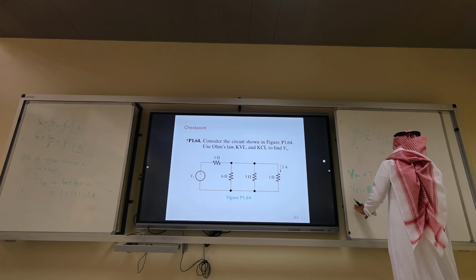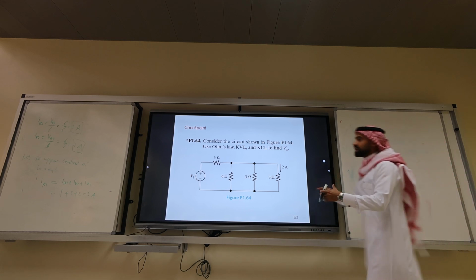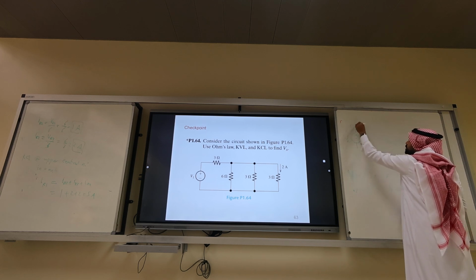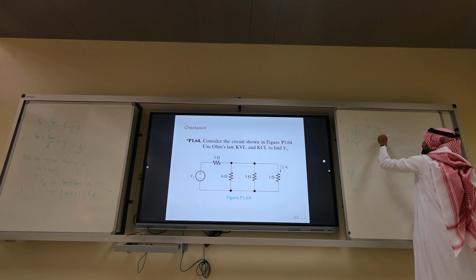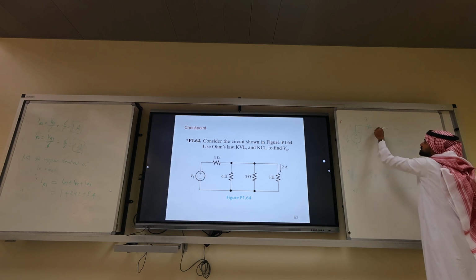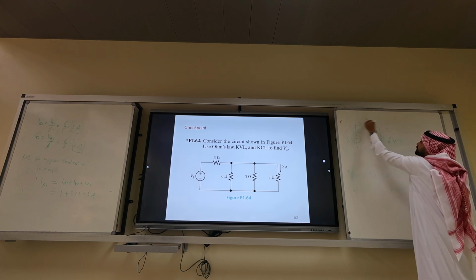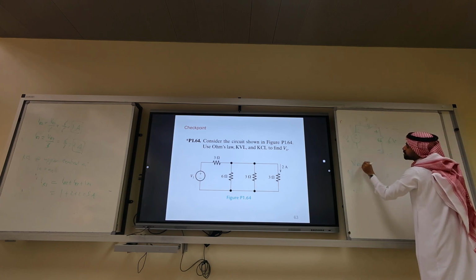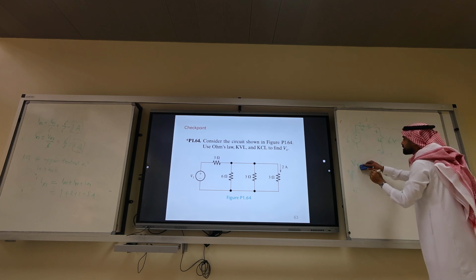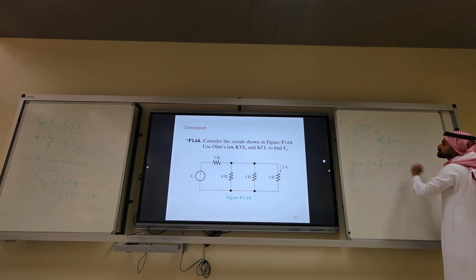Now KVL around the only loop we need, this left loop. So we have Vx, we have the 3, we have the 6. Here, it's irrelevant. What's the voltage drop here? 6 volts. What's the voltage drop here? VR1 equals 5 times 3, which is 15 volts.